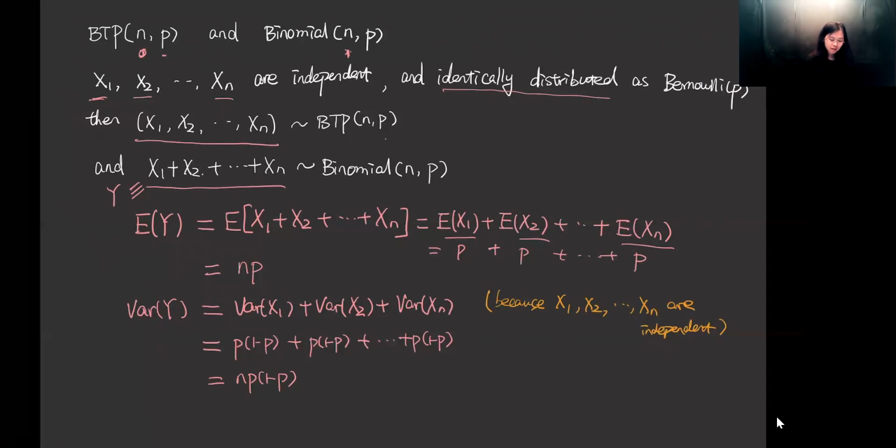Now, the expectation and the variance describe some aspects of the binomial distribution, but sometimes you might need to know the distribution itself. So let's also figure out the probability mass function of the binomial distribution.